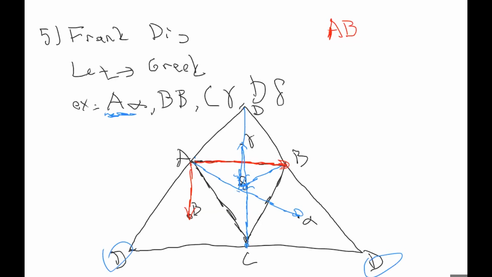So actually, that's basically it, but I just want you to find, we have 4 distinct Frank dislocations, right? We have 4 distinct Frank dislocations.